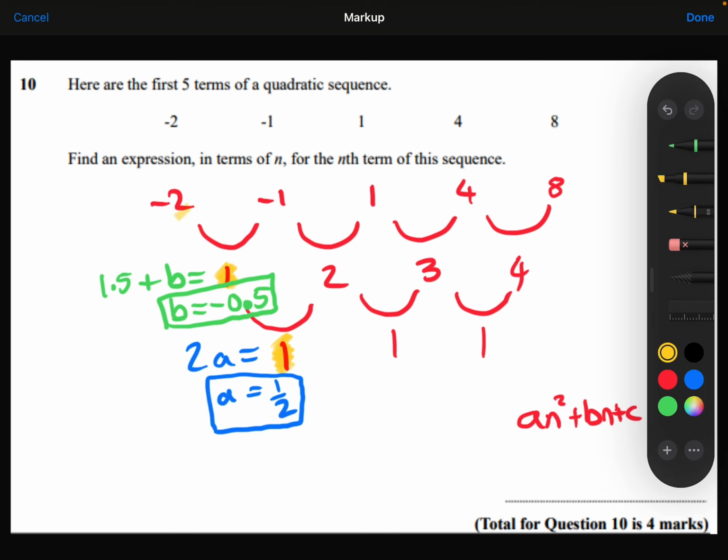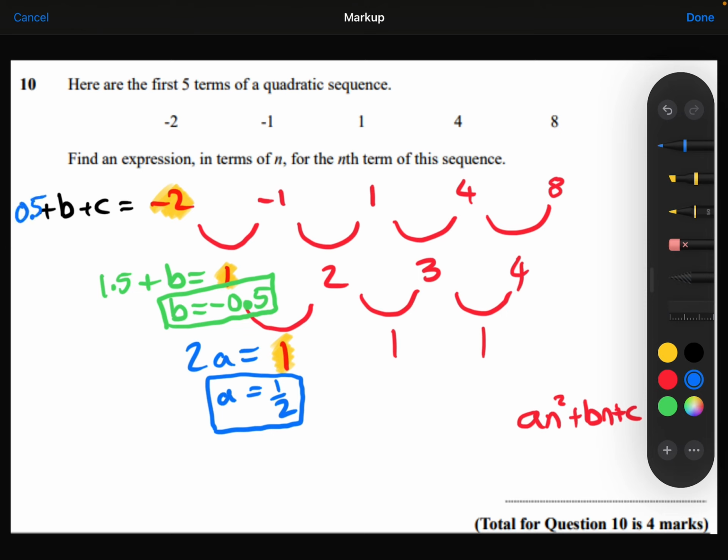And then finally I know that this number here is always equal to a plus b plus c. And we worked out that the a was 1/2, or 0.5 if you prefer.